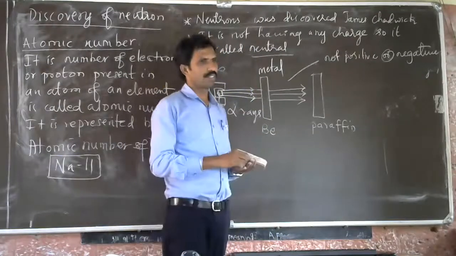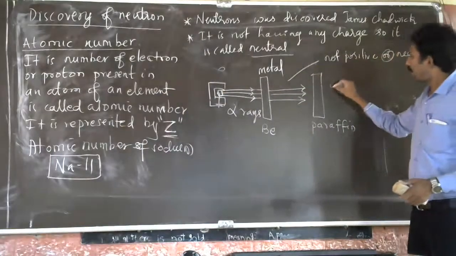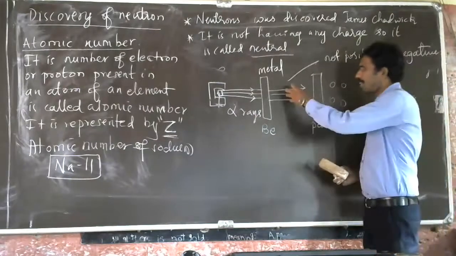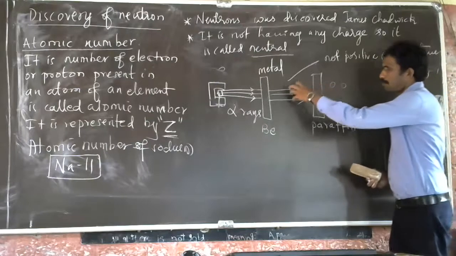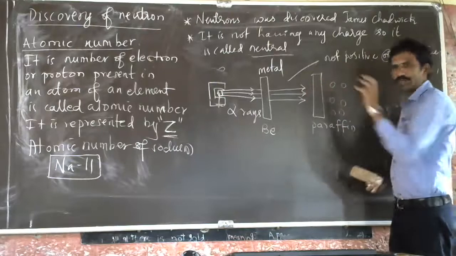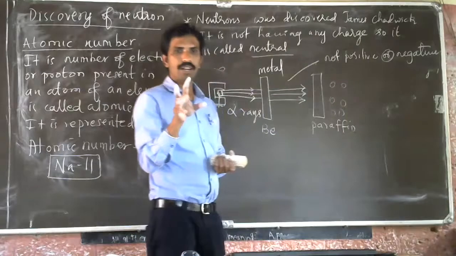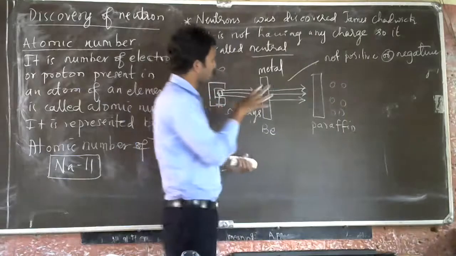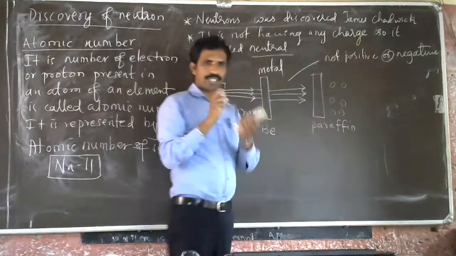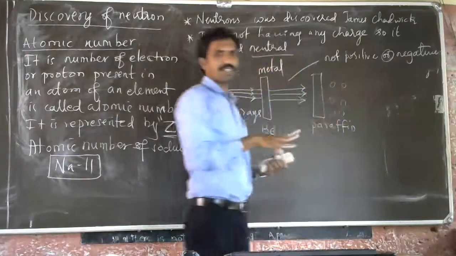Understood? So when I bombarded with the paraffin, see, because these neutrons and protons have approximately the same mass, when I bombarded with paraffin, they were hitting the protons and protons were liberated.